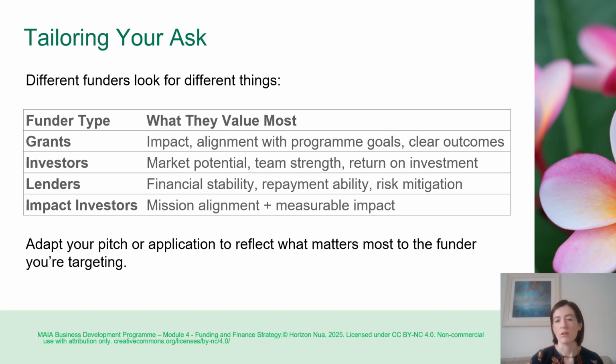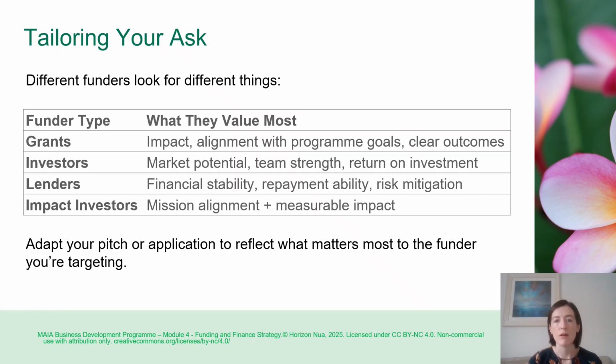Not all funders are looking for the same thing, so a key part of your funding strategy is tailoring your message to match the type of funder you're approaching. Grant providers, for example, are usually focused on mission alignment. They want to know that your work supports their goals, whether that's biodiversity, climate adaptation, or community development.